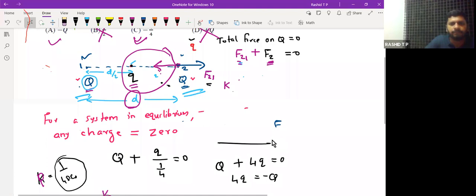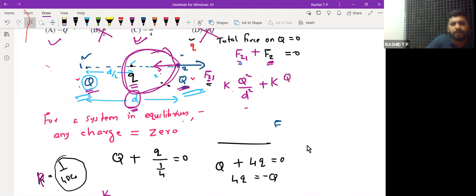Then the force between these two, 1 means this and this, that is k q square divided by separation d square, plus F2, this force, that is k into charge 1 which is q, another charge is small q, that is to be determined, by d by 2 whole square, equal to 0.